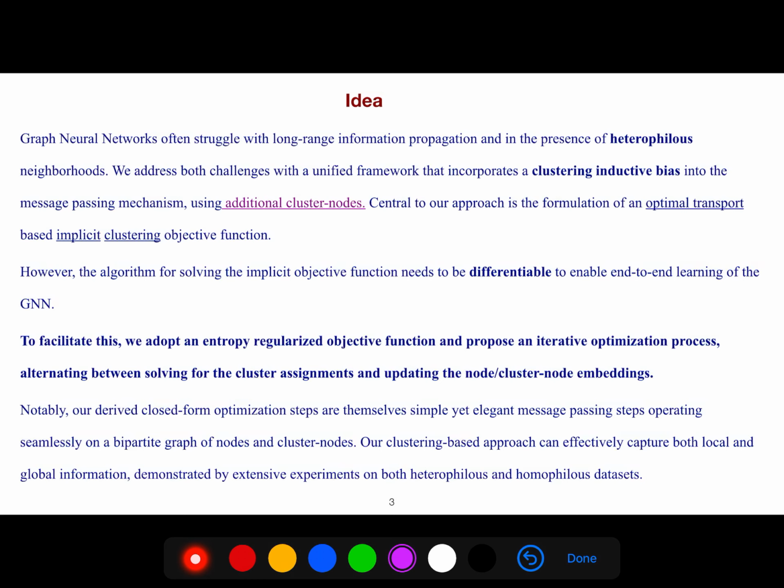Notably, our derived closed-form optimization steps are themselves simple yet elegant message passing steps operating seamlessly on a bipartite graph of nodes and cluster nodes. Our clustering-based approach can effectively capture both local and global information, demonstrated by extensive experiments on both heterophilous and homophilous datasets.